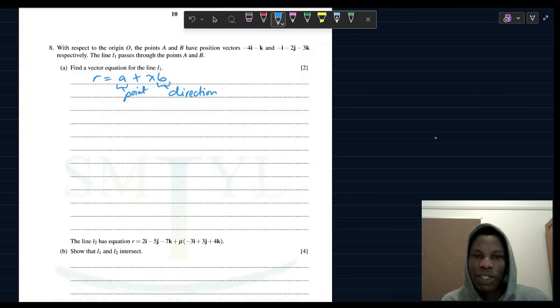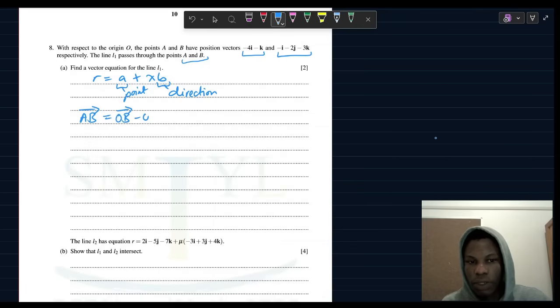So when we say point on the line, it can be either point A or point B. It doesn't matter which point you use. You can use any of them. And then direction vector. Since our line is going through the points A and B, our direction can be AB. And so to get AB, we can say OB minus OA.